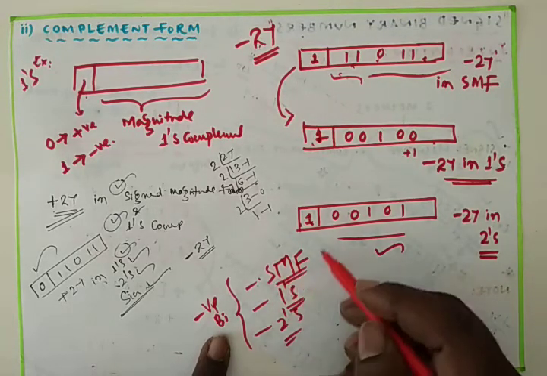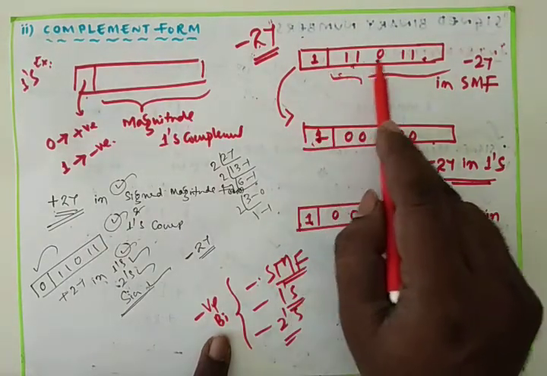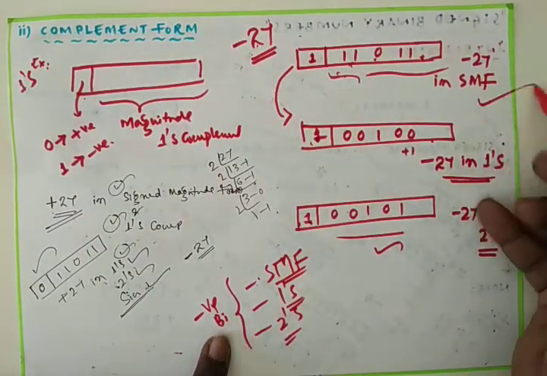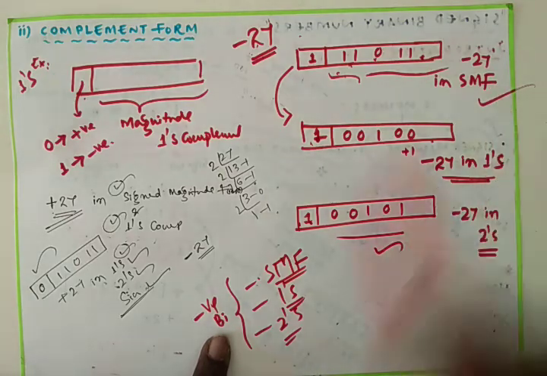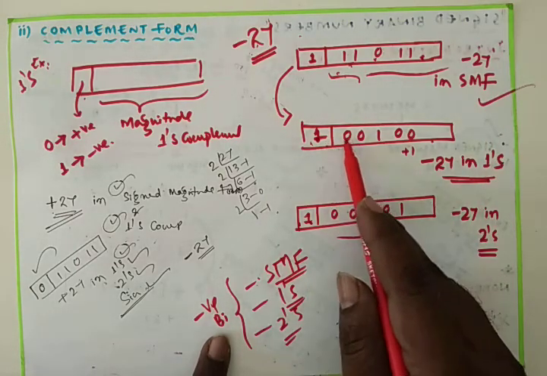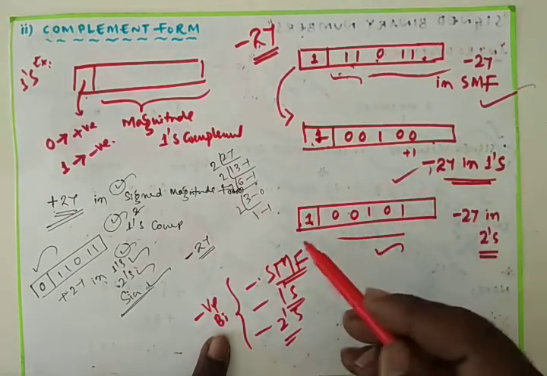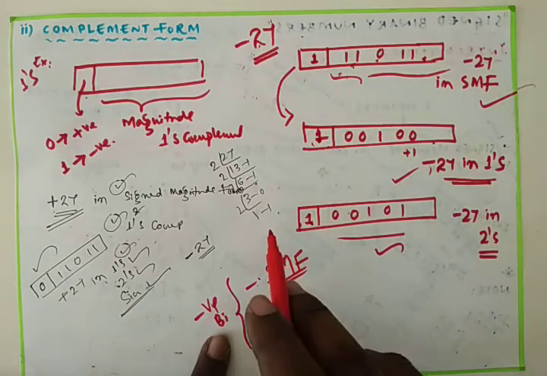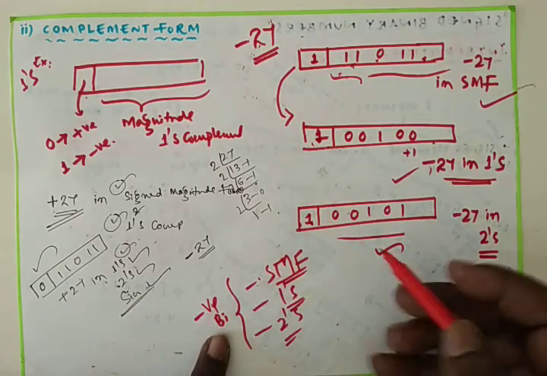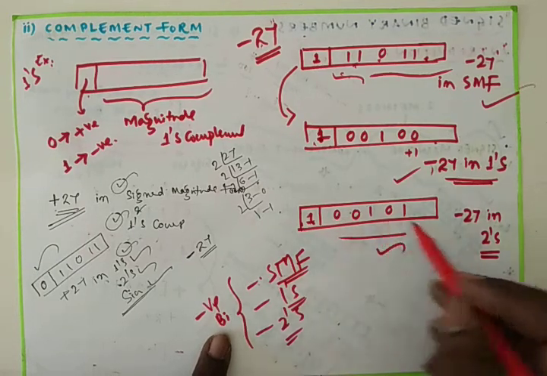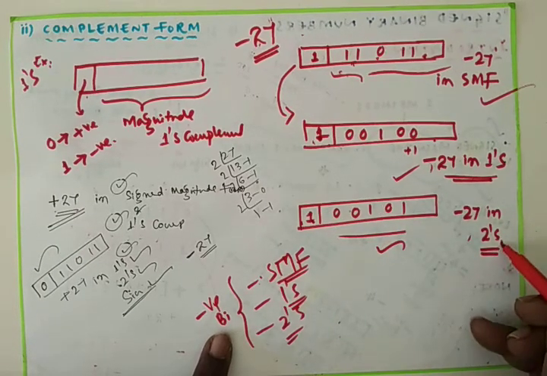In these three variations, see this one, 1 1 1 0 1 1 is minus 27 in sign magnitude form. 1 0 0 1 0 0 is minus 27 again in one's complement form. And 1 0 0 1 0 1 is the same minus 27 in two's complement.